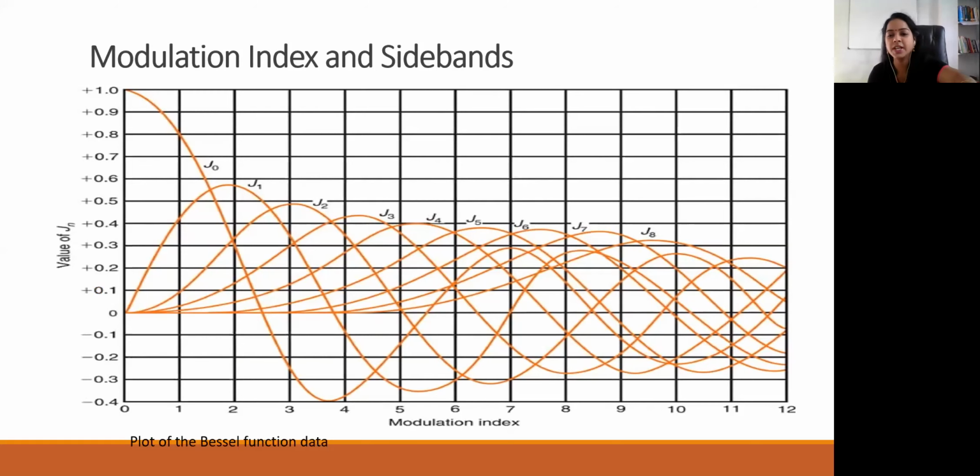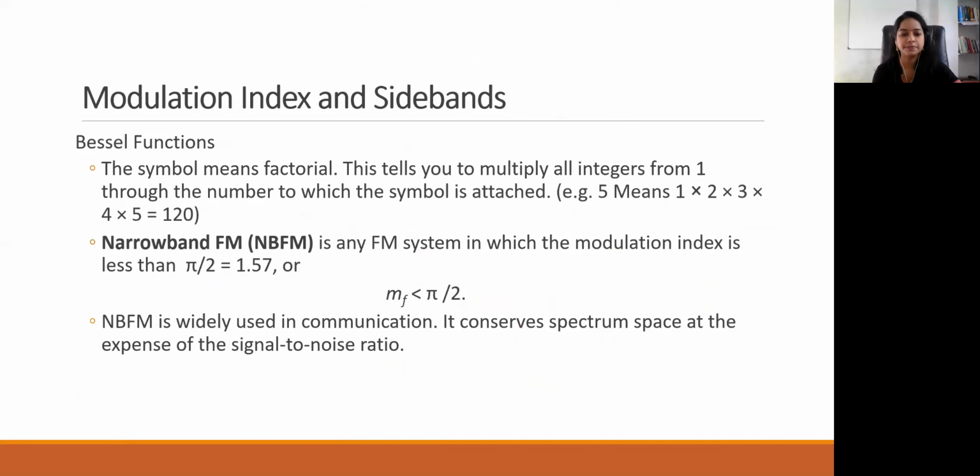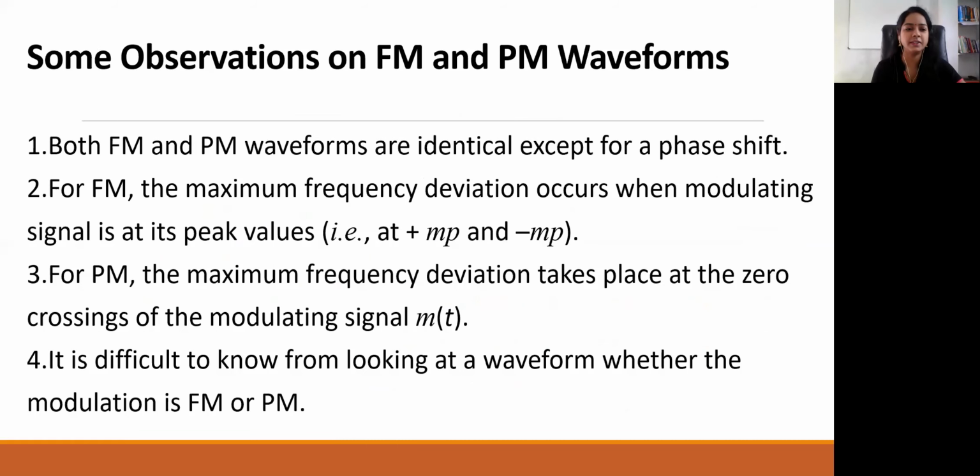It changes from J0 to J8, meaning you have 8 sidebands. This is the modulation index and this is the Jn function. What is the Jn function? They are calculated by Bessel's function equations. Here sidebands are there, and calculation of bandwidth and modulation index is also there. So for phase modulation, you have frequency deviation as a function of time.